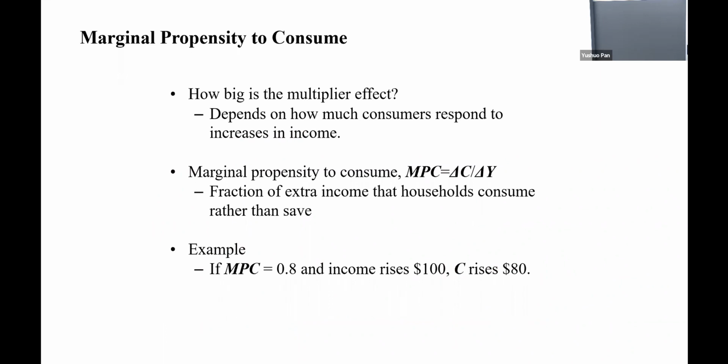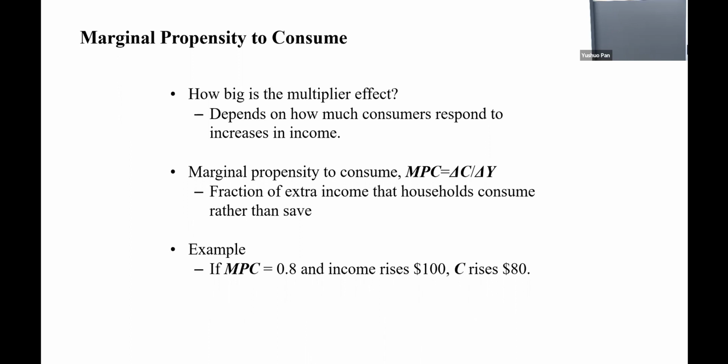Remember, the multiplier effect is just when consumers earn more real income, they use some of it to buy things. So it depends on the marginal propensity to consume. Marginal propensity to consume, MPC, equals delta C over delta Y. That's the fraction of extra income that households consume rather than save.